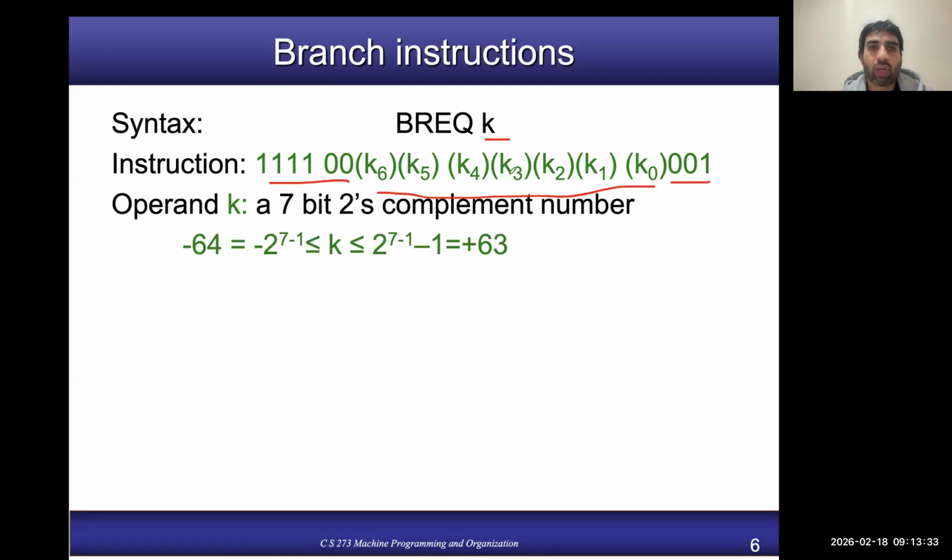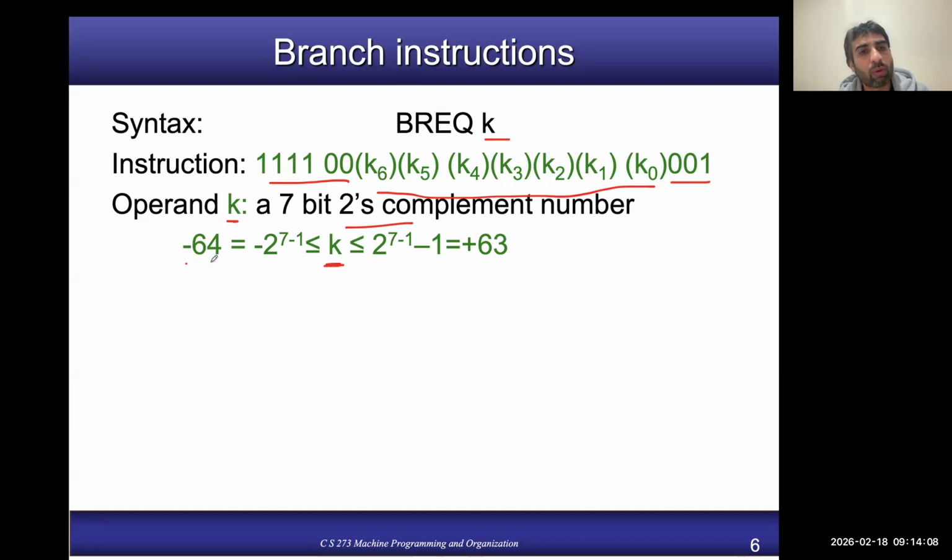So you have 7 bits, and K is the address of the instruction where you want to branch. Branch means where you want to go, right? You can use only 7 bits to specify the address of the target instruction, and if K is a 2's complement number, then, if you remember from one of our previous lectures, what will be the range of the value of K?